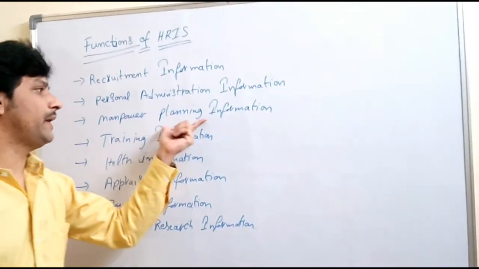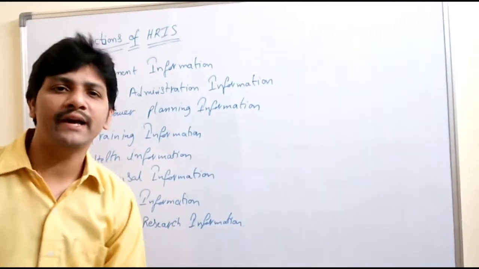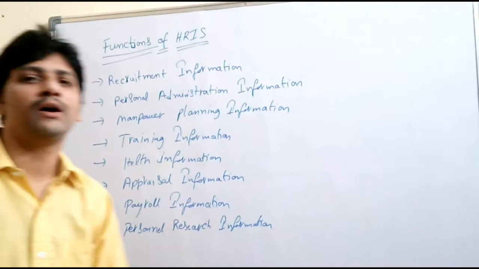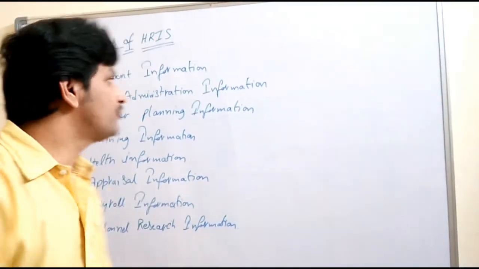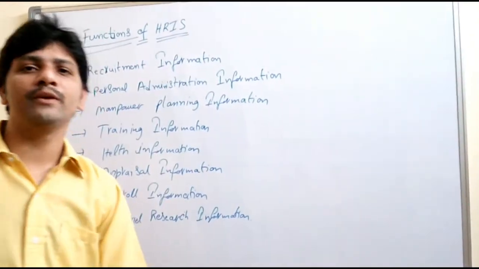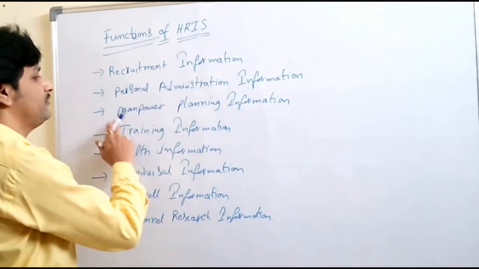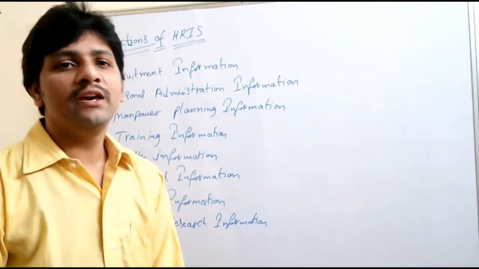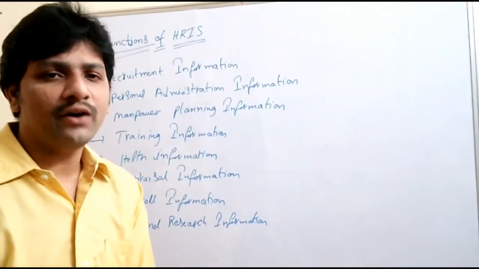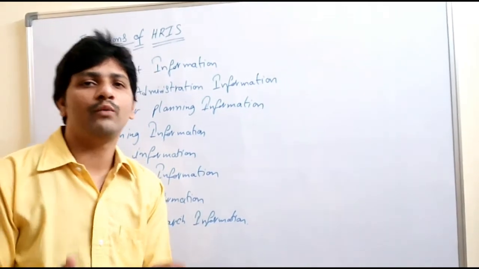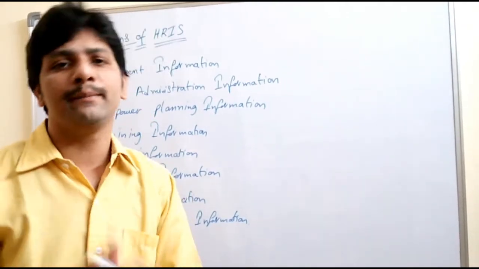Next, manpower planning information. Manpower planning information is also one of the parts in the organization. So in the human resource information system, one of the functions is manpower planning information. Here the particular organization has certain goals, and needs manpower for particular departments.